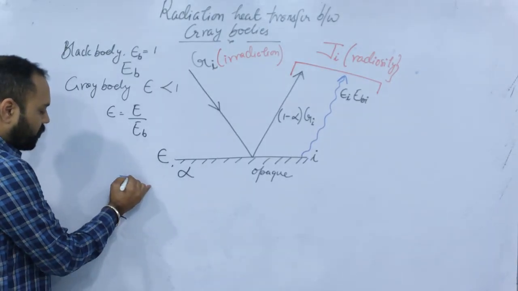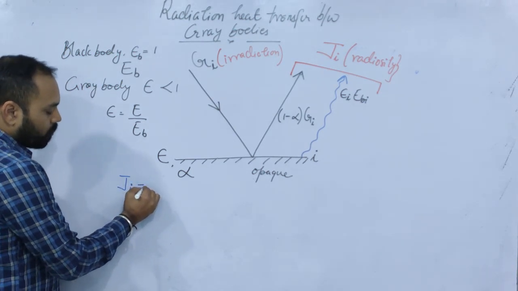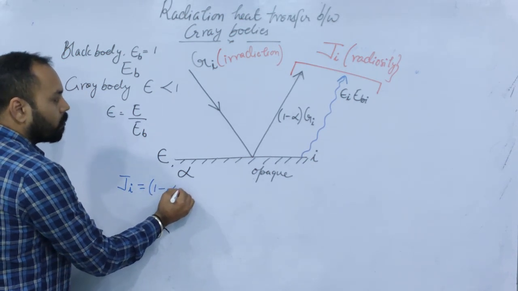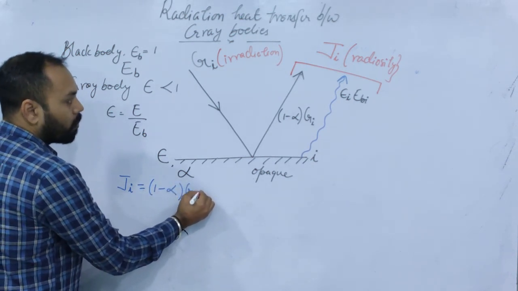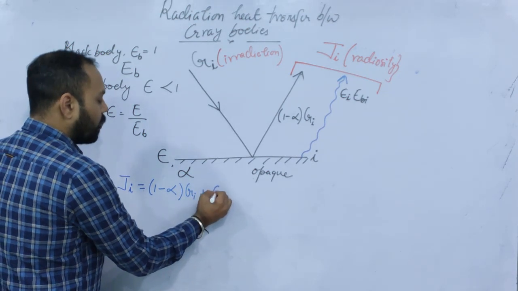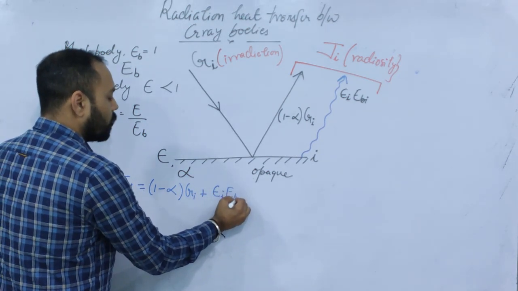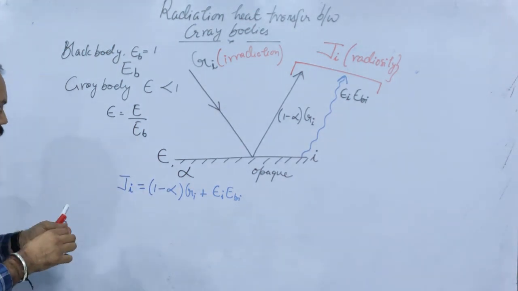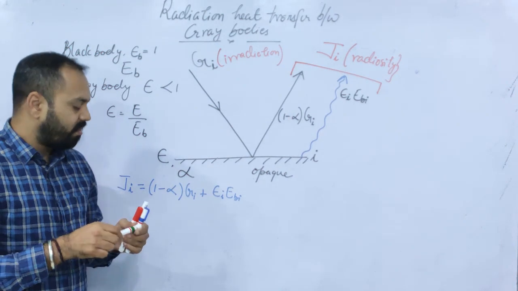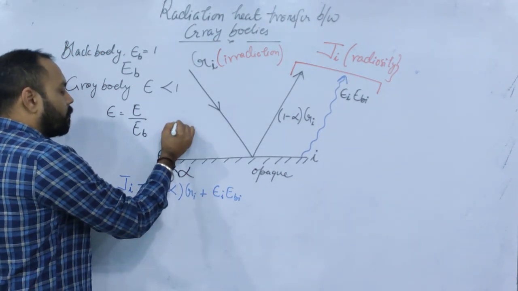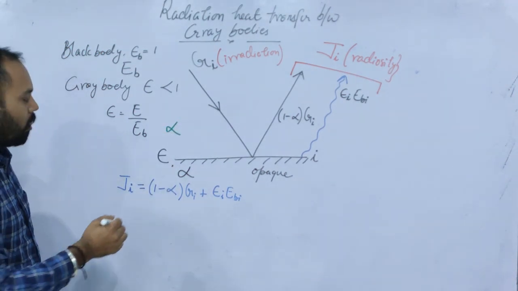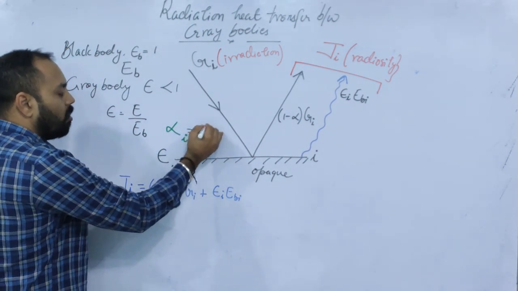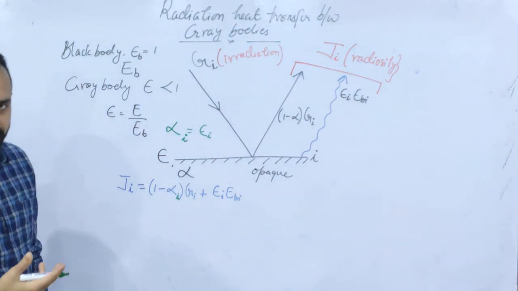So we can write Ji is equal to 1 minus alpha into Gi plus epsilon I into EBI. Now this is the equation for the radiosity of the surface I. Now if you have gone through Kirchhoff's law, it says that alpha, the absorptivity of a surface I, let me write this as alpha I, and the emissivity of the surface I can be taken as the same, right?